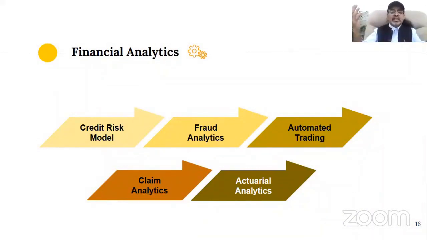There are multiple sophisticated algorithms for that, which start from the very basic decision trees and go to random forest, and the most popular one in the industry currently is extreme gradient boosting. Even the latest deep learning techniques also come in, and then we develop a very sophisticated credit risk model. Fraud analytics is not only determining whether a transaction is fraud or not, but that also has to be determined on a real-time basis.